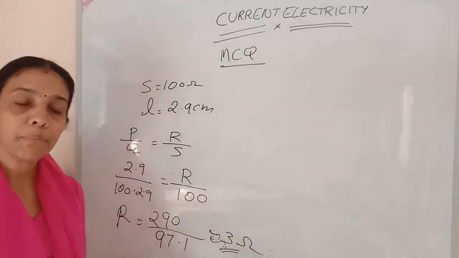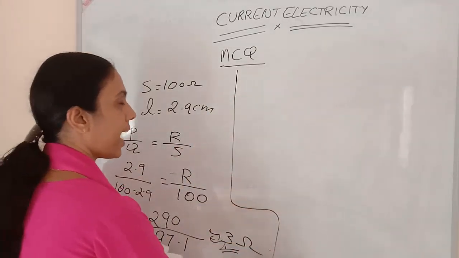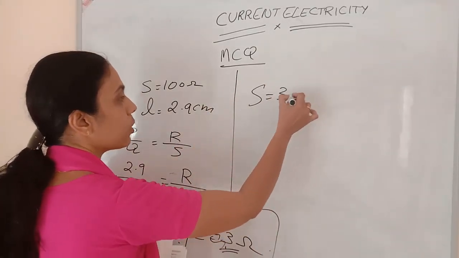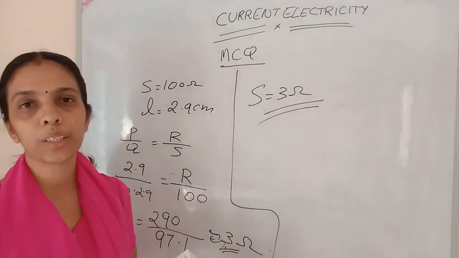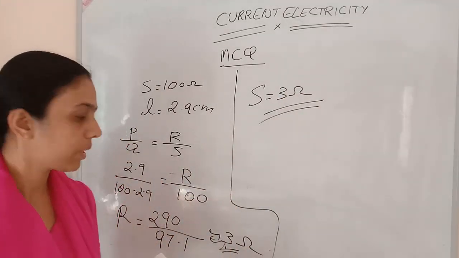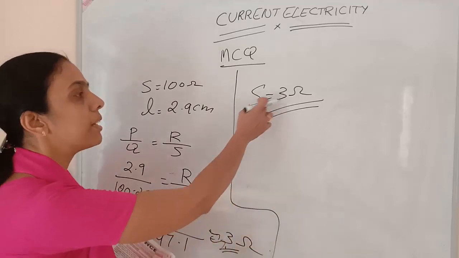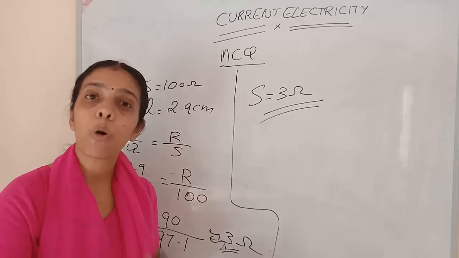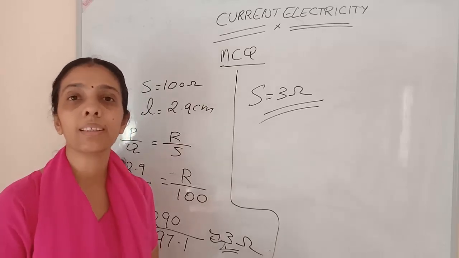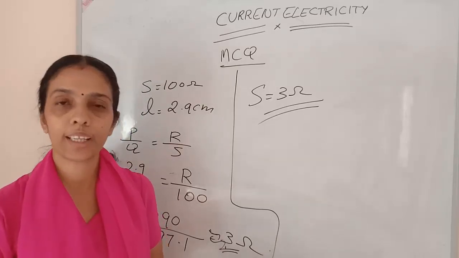So if I am taking the resistance for accuracy, if S is equal to 3 ohm, that will be the more accurate method to get the resistance. If the resistances are of the same order, that will be the most accurate way.